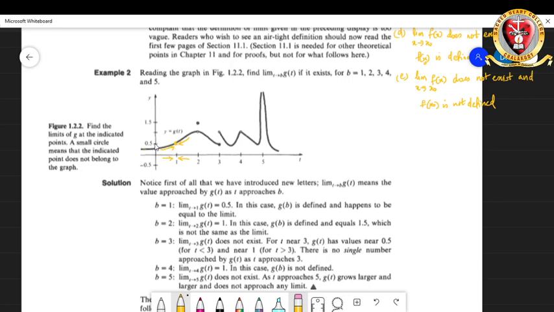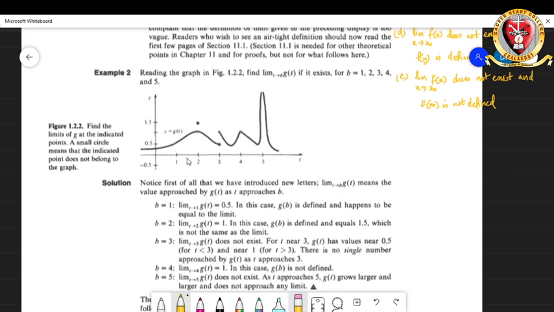Which is nothing but 0.5, which is clearly given in the figure, right? So this point is 0.5, so the value is 0.5.